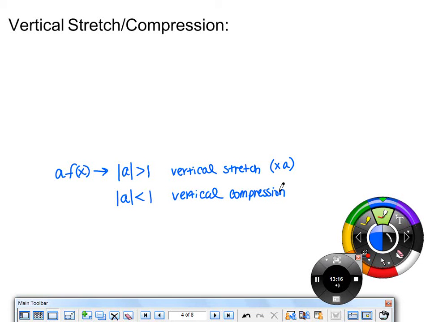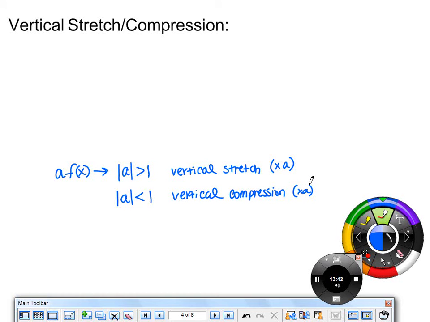The way you would do that is still the same. You're still going to multiply by whatever that a is. If my point used to be 1 apart in the parent function, but somebody puts a 1/2 there, 1 times 1/2 is a half. I'll only draw it half a unit apart, and that will compress it because the number's smaller than 1. Again, we'll do examples of exactly how to do this.